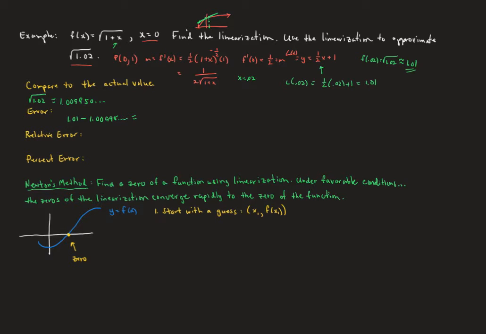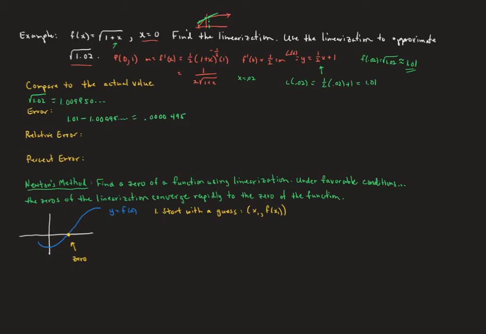When I do that, what I'm getting, mine's in scientific notation, is 4.9506 times 10 to the negative 5. So I think that's going to be a decimal point, 4 zeros, and then 495. And there's more, but I'm just going to round it off right there for now. So that's our actual error.